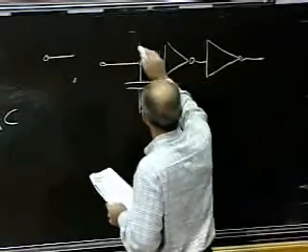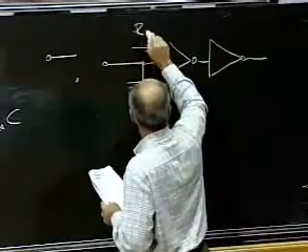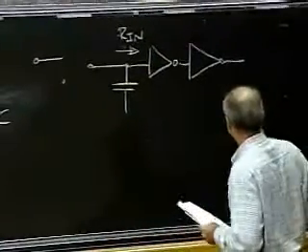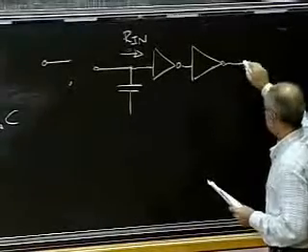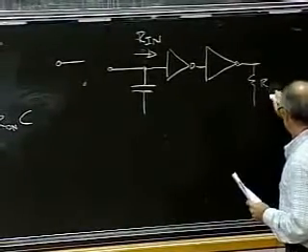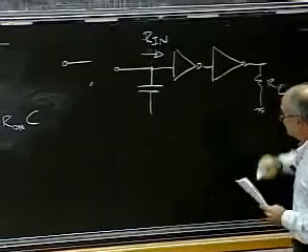In this case, what I'm looking at is the Rin of the buffer, okay? And in principle, I have out here the RL, okay?